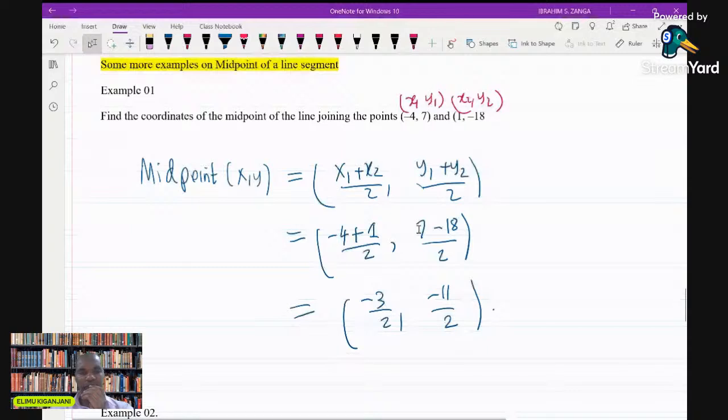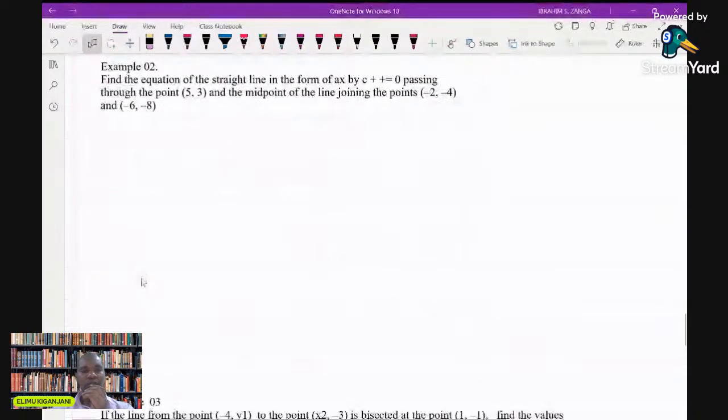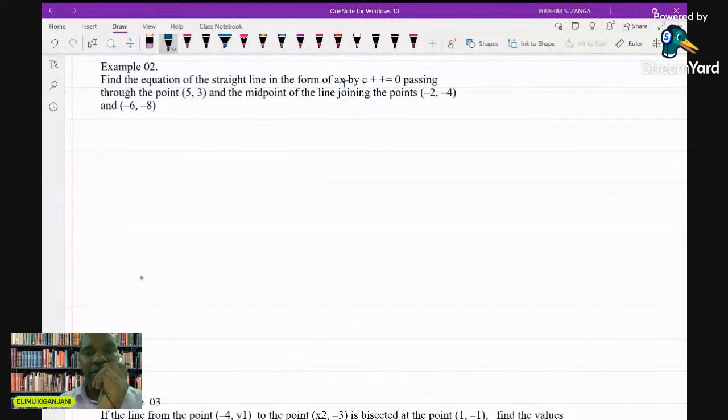Going to example number 2. Find the equation of a straight line in the form ax plus by plus c equals 0, passing through the point (5, 3) and the midpoint of the line joining the points (-6, -8) and (-2, -4).